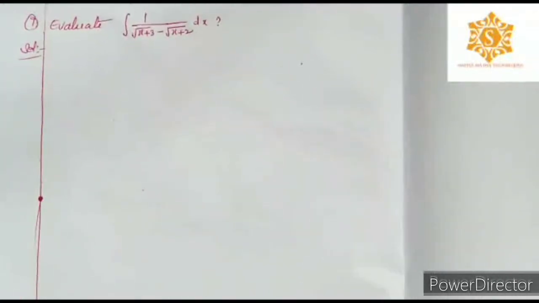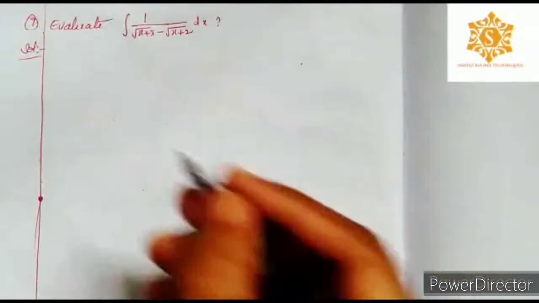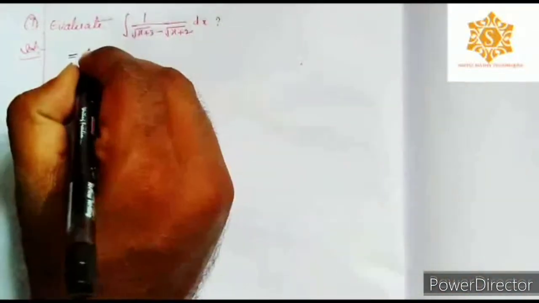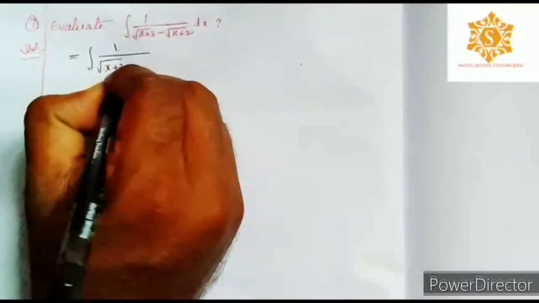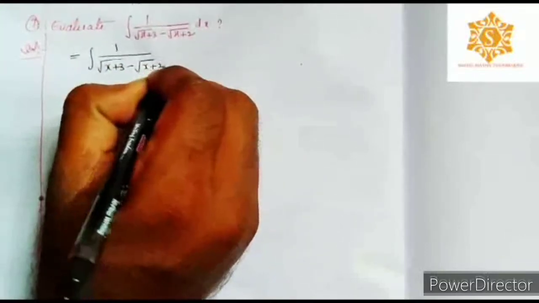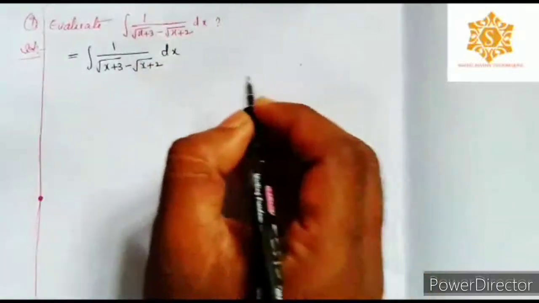Next problem is evaluate integration of 1 by square root of x plus 3 minus square root of x plus 2 into dx. So given that integration of 1 by square root of x plus 3 minus square root of x plus 2 into dx.